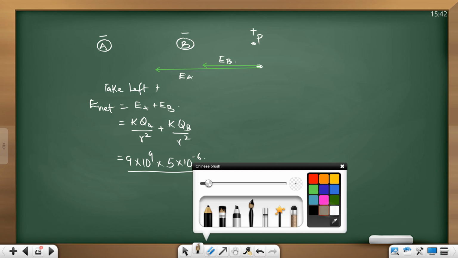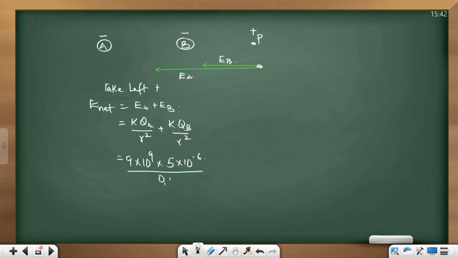0,45. Don't forget the squared. Plus 9 times 10 to the power 9. Again, guys, do you see that I no longer put the sign because I have dealt with the sign with the free body diagram. Why is it still 5 times 10 to the power minus 6?